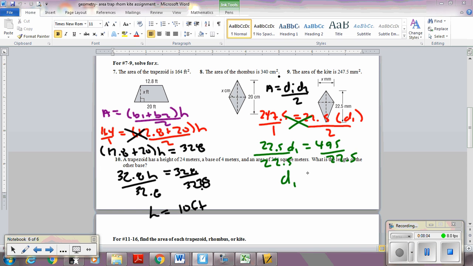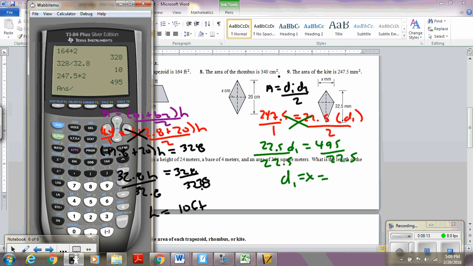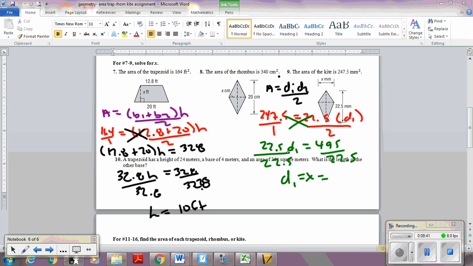And you'll get the missing diagonal, or x, which is 22. And millimeters.